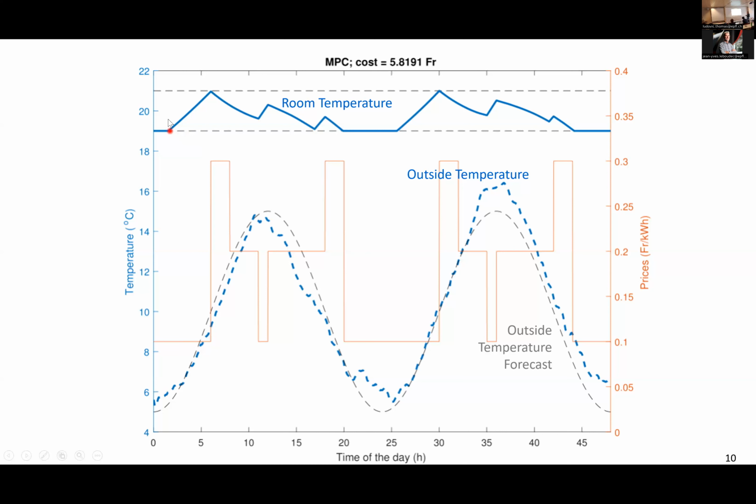In blue, I'm showing here the temperature band. So here, this is a fairly comfortable band between 19 degrees and 21. So the minimum temperature we accept is 19, and we don't want to go above 21. So we accept here a dead band.